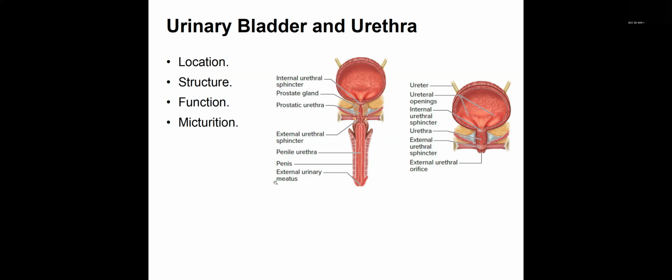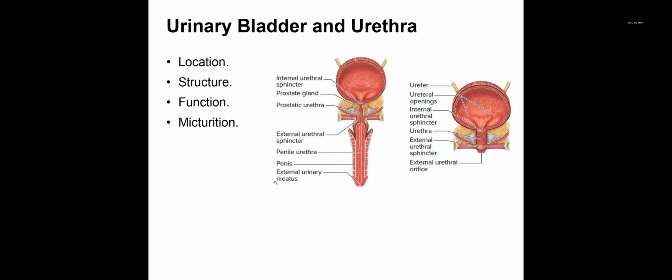It varies in length, about 1.5 inches in females and about 8 inches in males, reflecting anatomical differences. The bladder stores approximately 200 milliliters or 7 ounces of urine before the process of micturition or urination. The urethra transports urine from the bladder to the outside via the external urinary meatus.